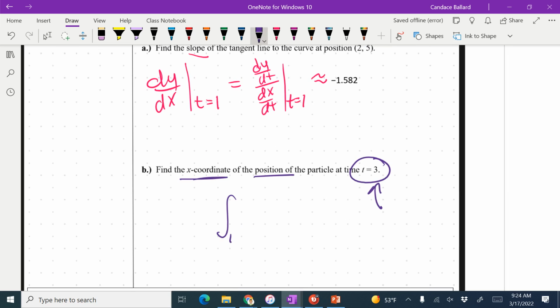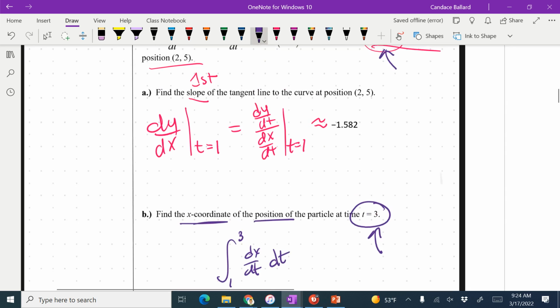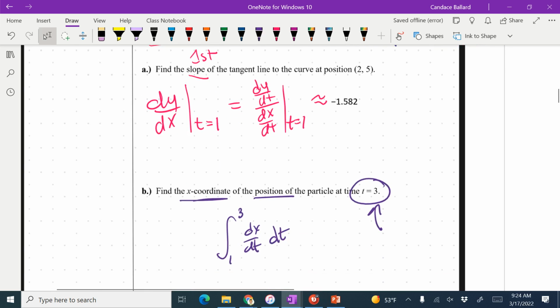So that's the first part of it. So start at 1, go to 3. And we're going to do this of just the x. The dx dt is what's going to get integrated. That seems weird to put. Oh, dt. dx dt. It seems really weird to write this, but this is the proper way to write it. Because that's what it says.